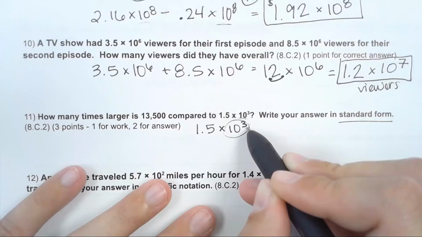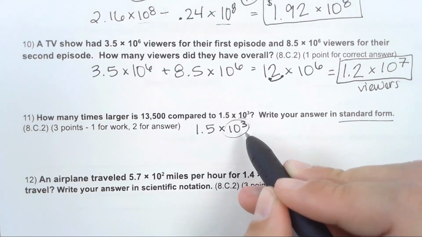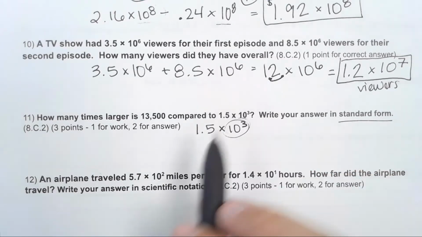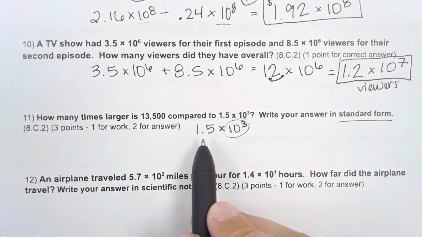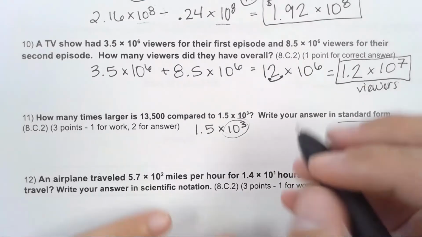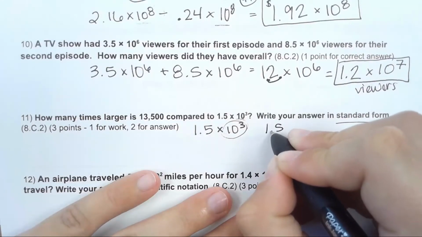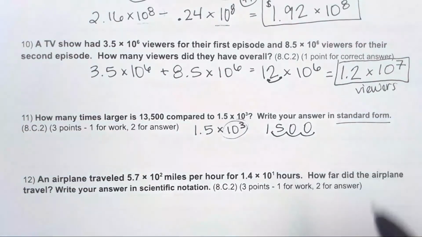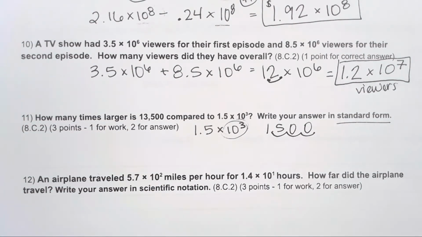So our exponent of 3 tells us how many times we're going to move our decimal point. And since it's a positive 3, that means that we're making the number bigger. So since I'm making the number bigger, I am going to move it to the right. And again, I'm going to move it to the right 3 times. So 1.5, move that decimal to the right 3 times. Fill in your zeros where needed. So this now becomes 1,500.